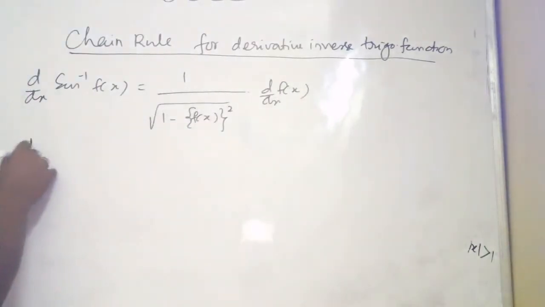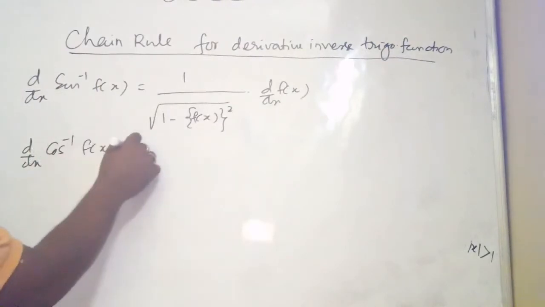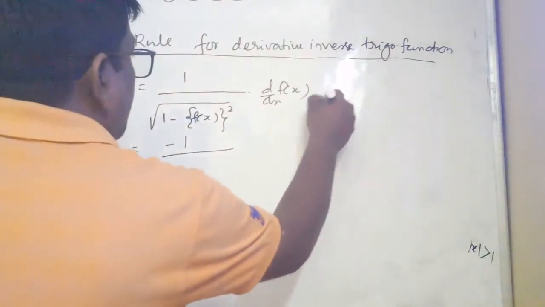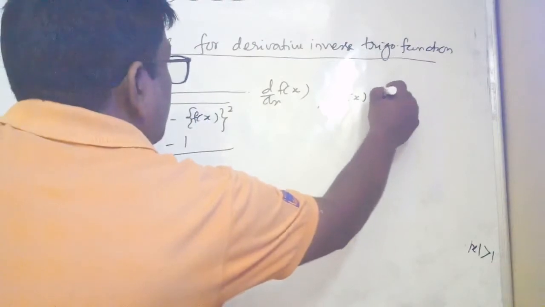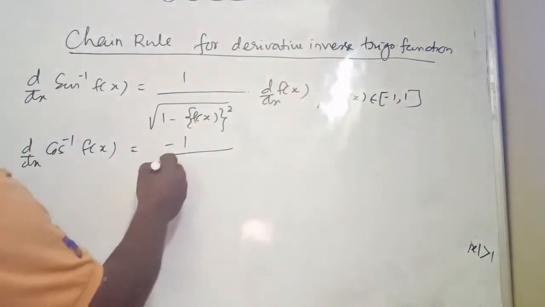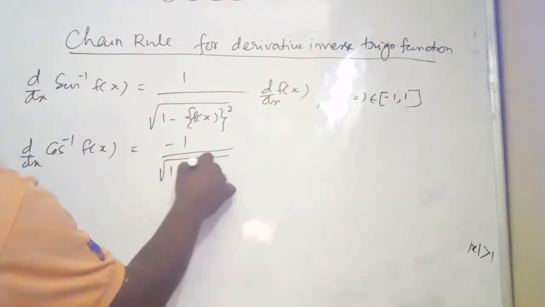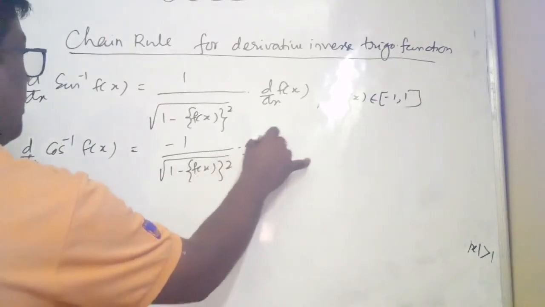Similarly, d by dx of cos inverse f of x is equal to minus 1 by root over 1 minus f of x whole square into d by dx of f of x.